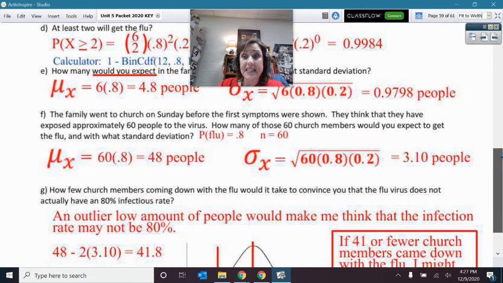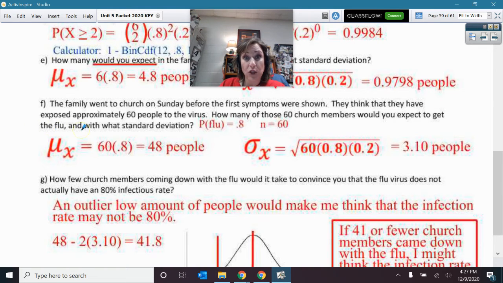So how many of those 60 do you expect to get the flu, and with what standard deviation? So here, the N is now 60 with that probability of being infected of 0.8. So that's 48 people. Holy moly. And then with that square root, that standard deviation of 3.10 people.